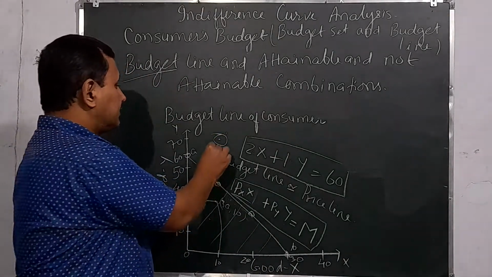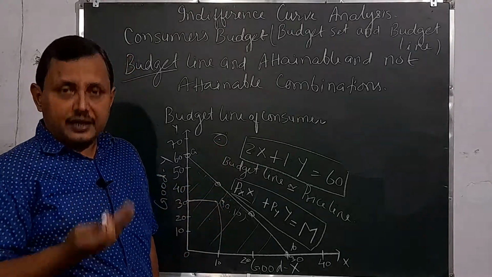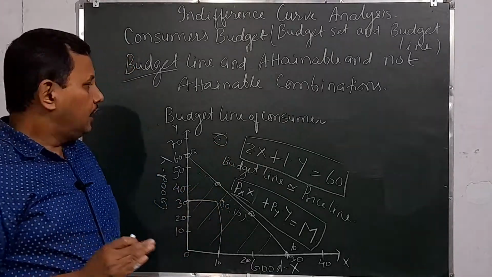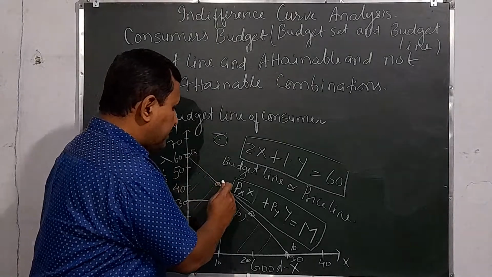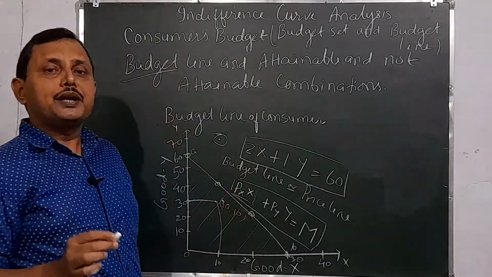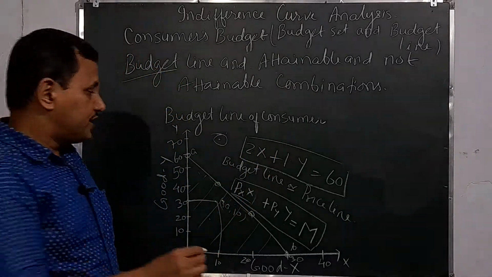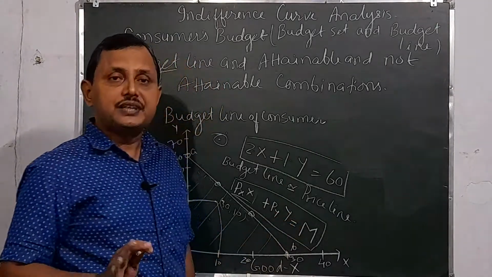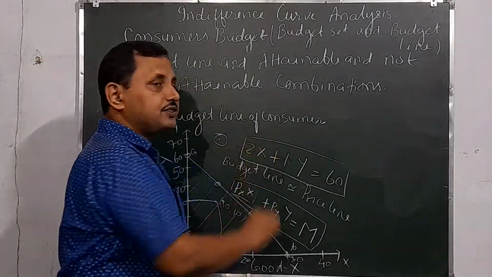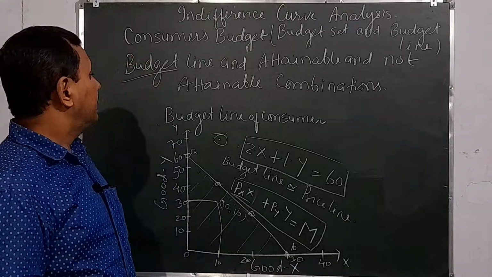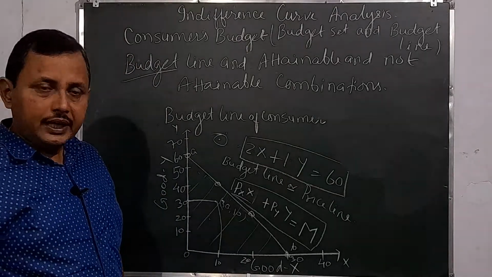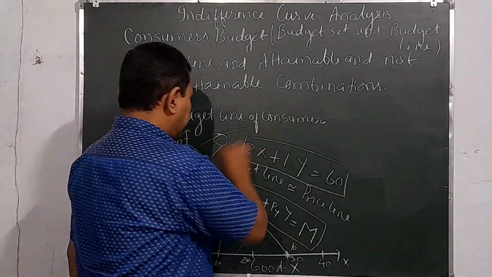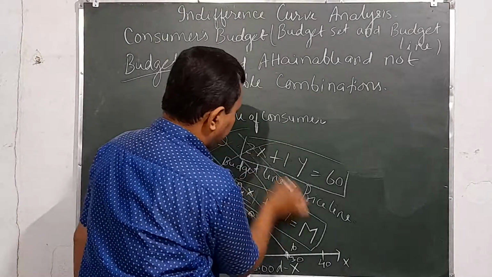So this combination will be non-attainable. Clear? Any combination beyond this line cannot be purchased within the budget of rupees 60, and these combinations are known as non-attainable combinations.